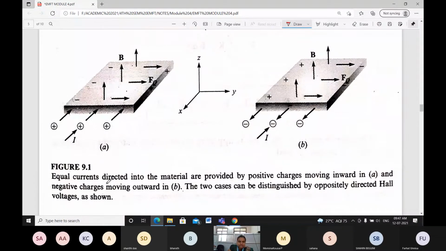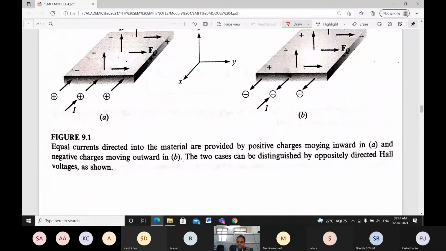The equal currents directed into the material are provided by the positive charges moving inward, and this is what the first figure shows, and negative charges moving outward. Observe here, it is moving outward.